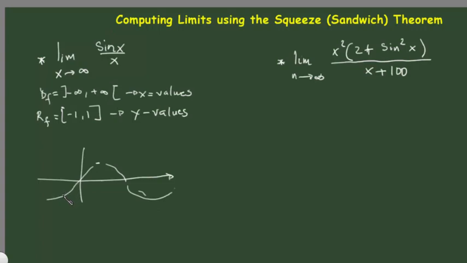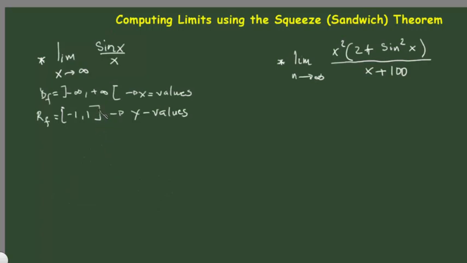But as the value of this function tends to infinity, what is the value on the y-axis? Of course, the values on the y-axis are between -1 and 1, and this is the range of the function. So we know that this function sine of x is in between -1 and 1.